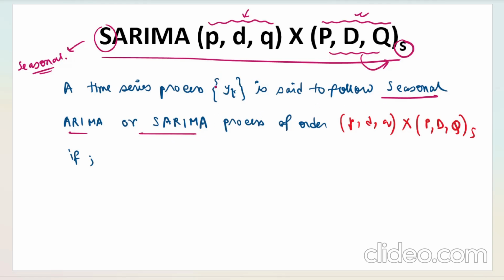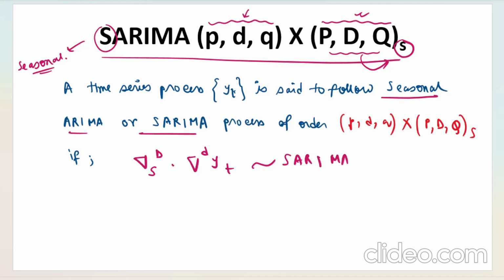So Y t follows seasonal ARIMA or SARIMA process of order p, d, q, capital P, D, Q, S, if what happens is that here we will have seasonal differencing operator as well. So this is like this.